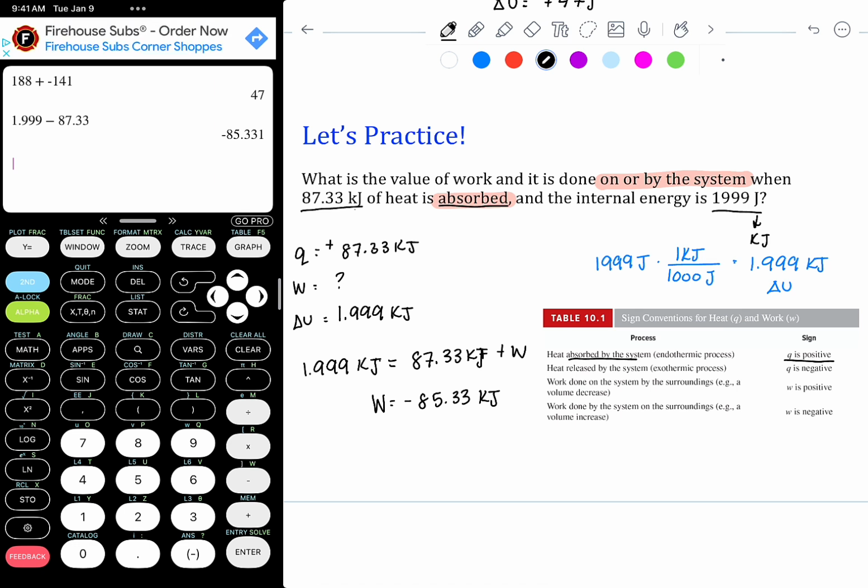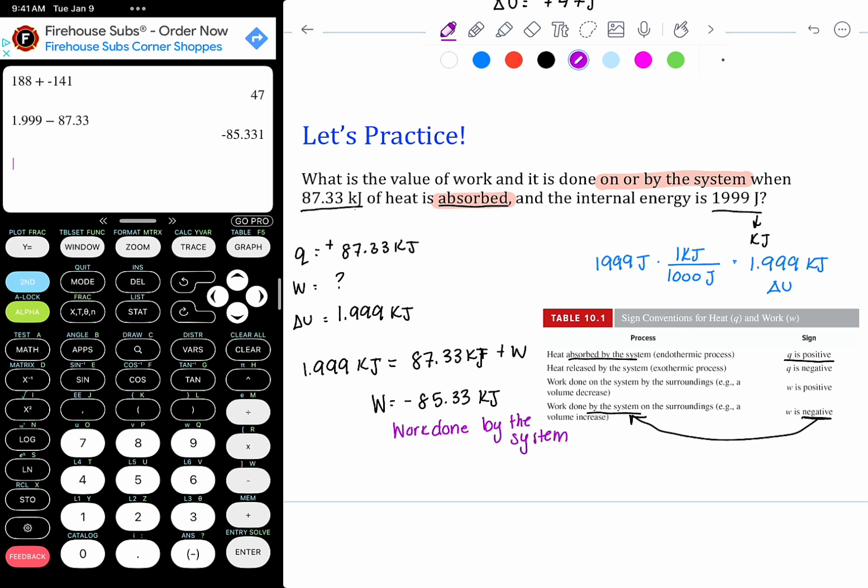Now, I'm not done yet because the problem also asked, is work done on or by the system? Well, the answer that we got out is a negative value. So if W is negative, that means that work is done by the system.